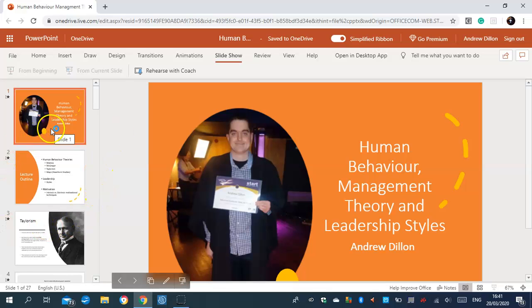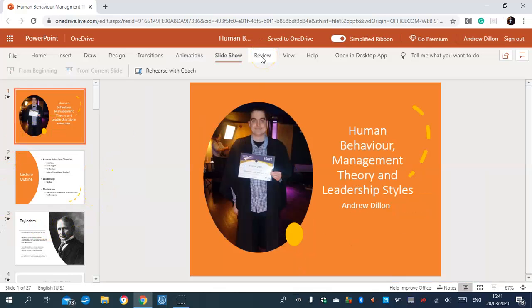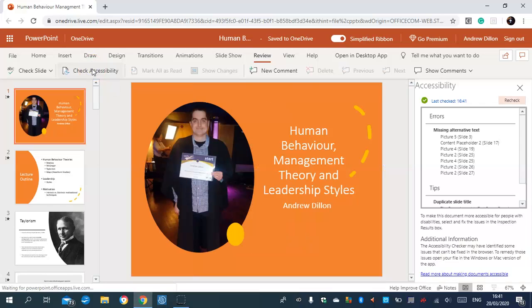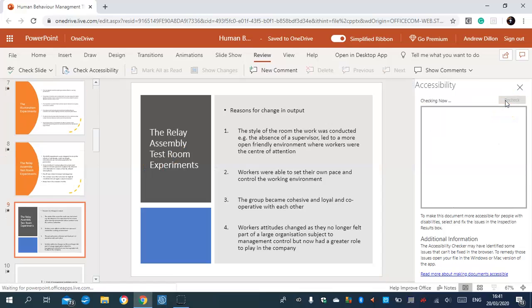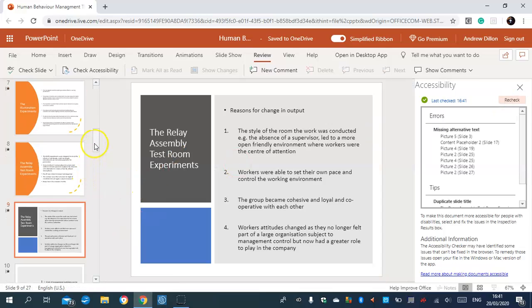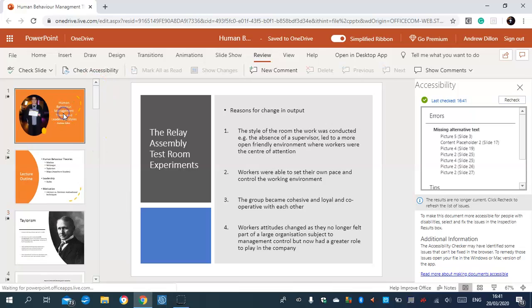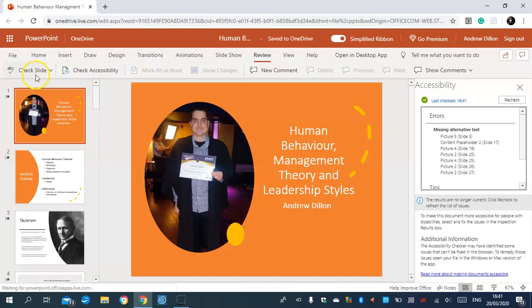Now I'm going to check the accessibility of the slides before I close off this video, and then I'll present the next slide in the next video. Okay, that's accessibility.